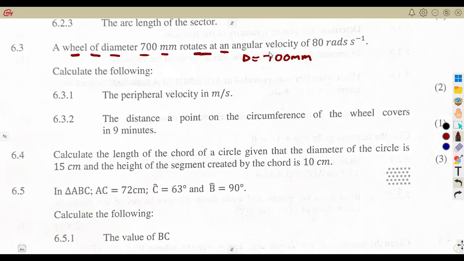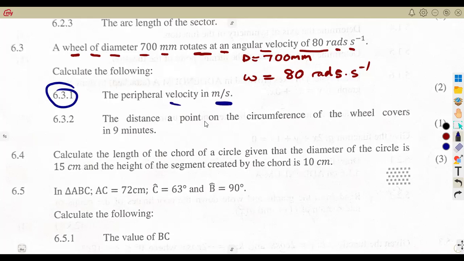Rotates at an angular velocity of, this is measured in rad per second. That's our omega, angular velocity. 80 rad per second. With this information, the question is asking you to calculate the following: the peripheral velocity, the linear velocity, that is the one they want there, in meters per second.